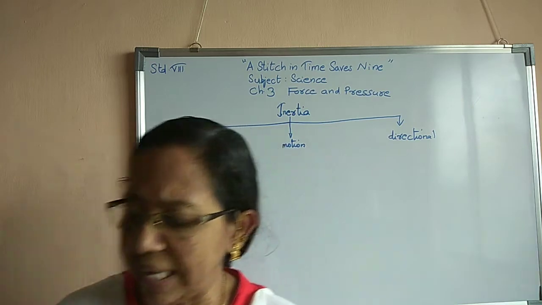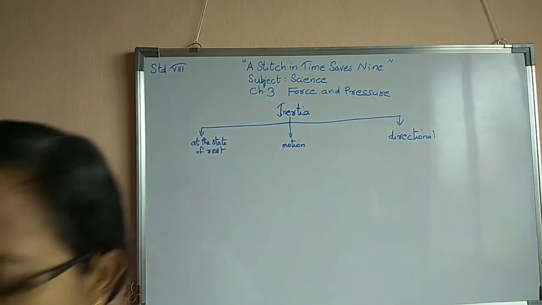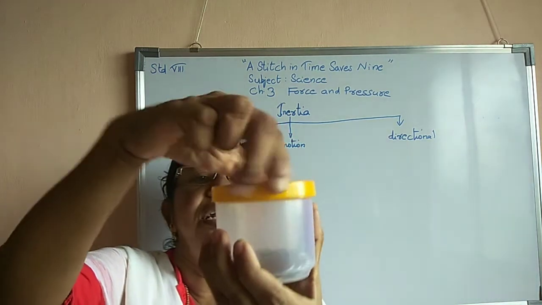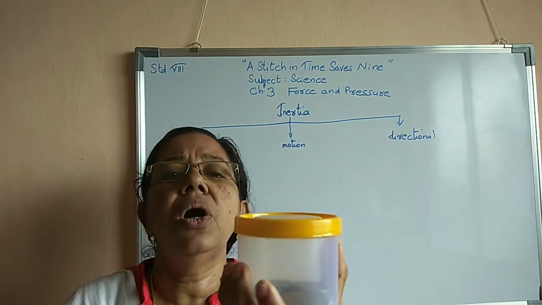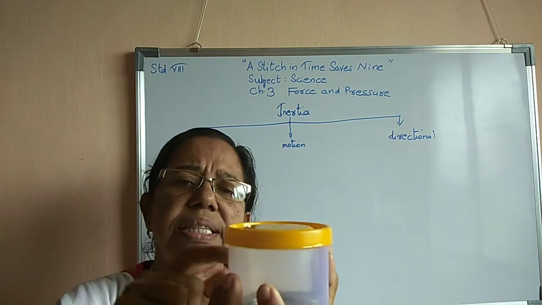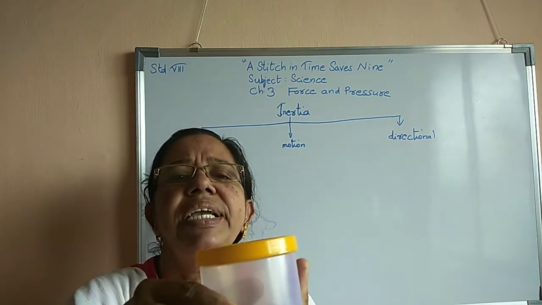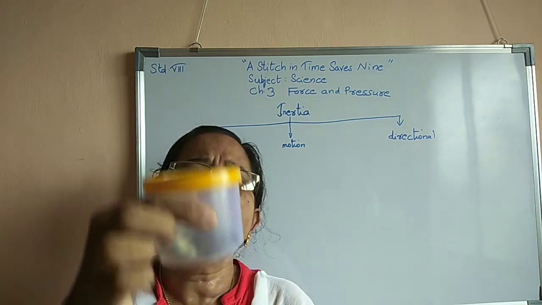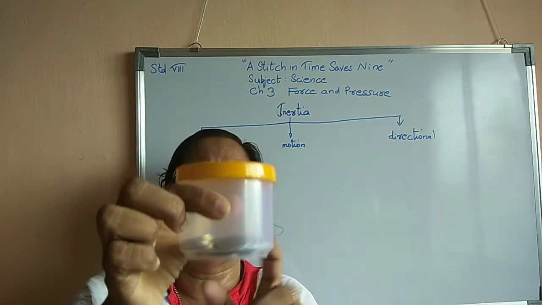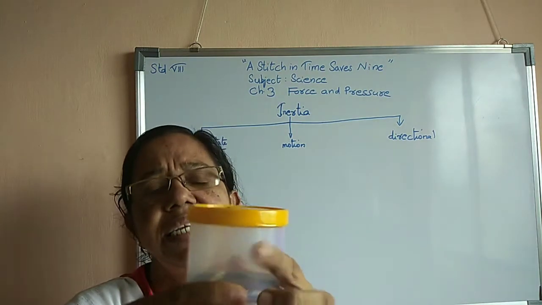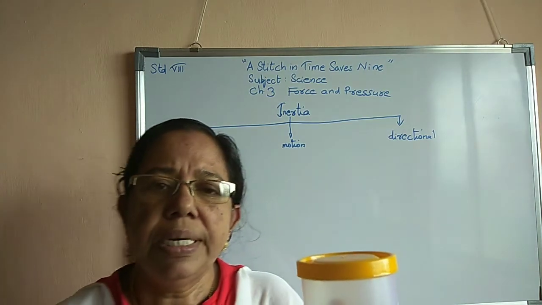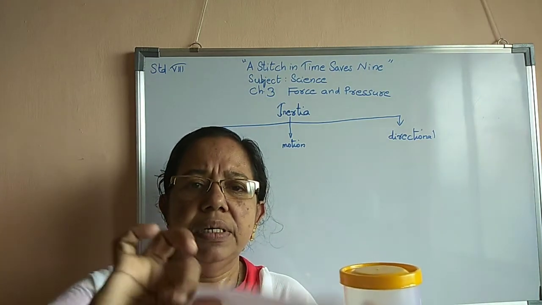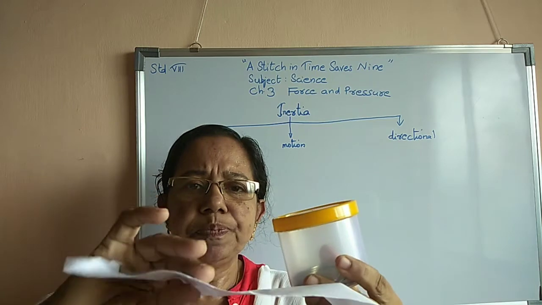Now one more example I will show you. We can take one box, or we can take a glass or a beaker with water, or an empty box, or I have taken some coin inside. Or if you are not taking anything, then also no problem. Then we have to keep a paper on the table.